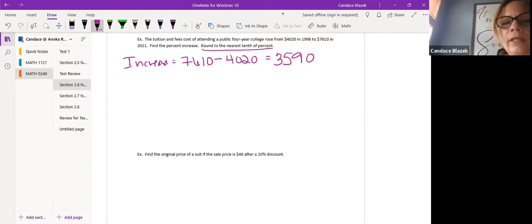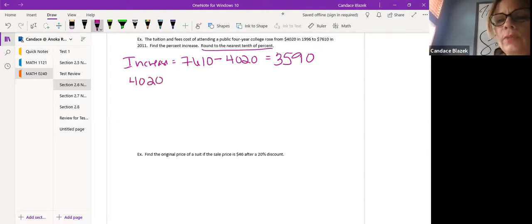So we want to find the percent increase. So we're going to take the original value, which is the total that we started with in 1996. We're going to multiply it times the percent. That's what we're trying to find. We want x is equal to the increase percent. And it is going to equal this increase.